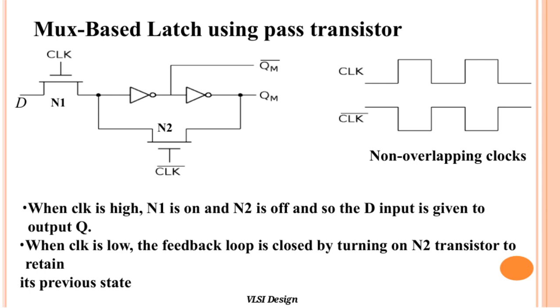Conversely, when the clock goes low, transistor N2 switches on, creating a feedback loop that holds or retains the previous output state. This mechanism ensures the data is preserved until the next clock cycle. The key concept is that by carefully controlling these two transistors with non-overlapping clocks, we can reliably store and maintain the data in the latch.